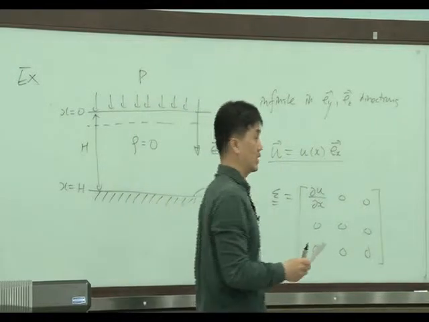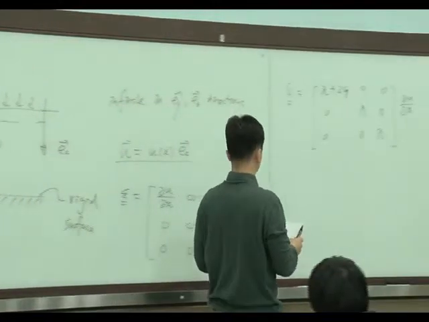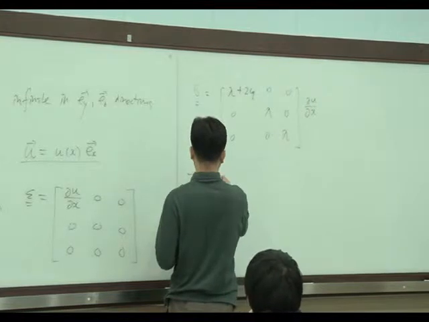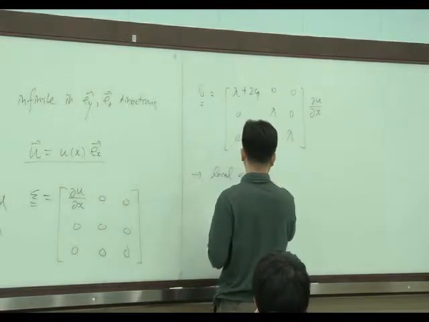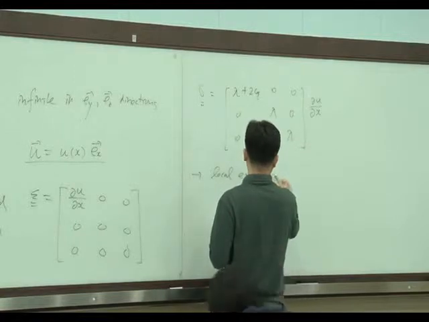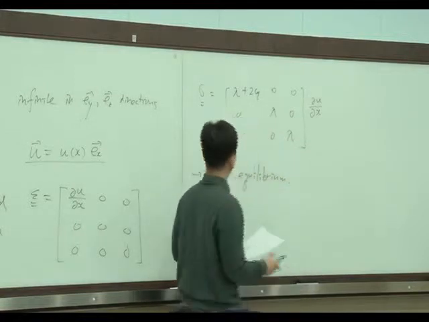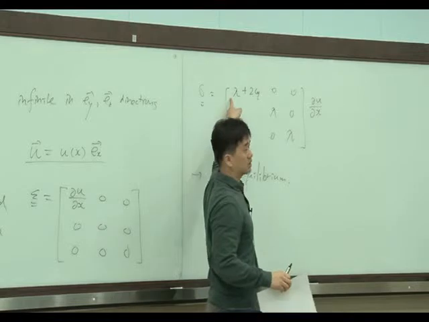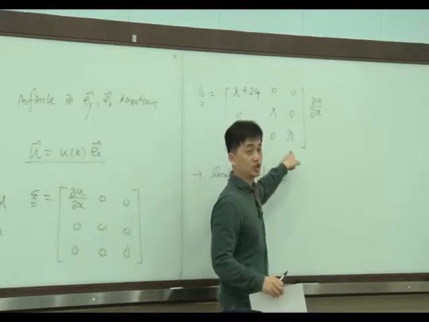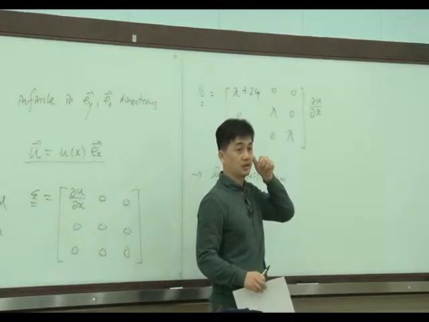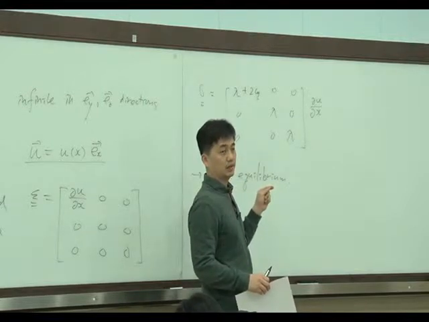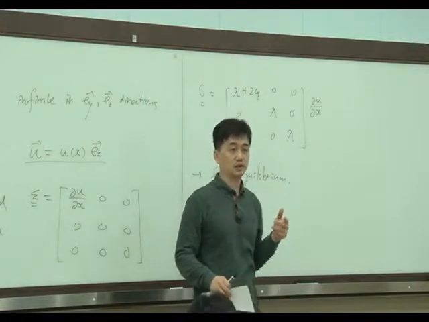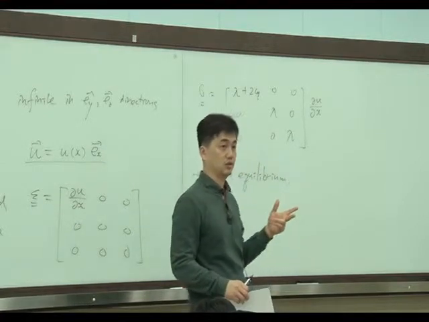Now we need to apply the local equilibrium equation. Right? Stress XX, YY, ZZ. We have only three stresses. So we can apply the local equilibrium equation, and then we will have three equations.